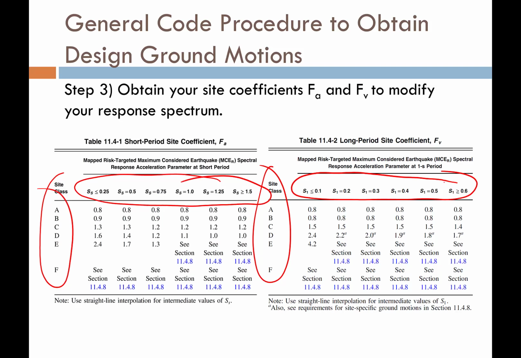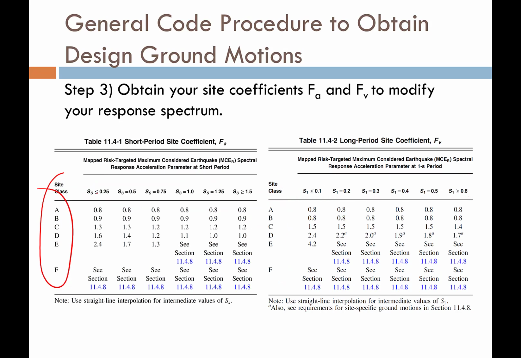Okay. Now, anything that has this superscript here, A, all of those basically mean you need to do a site-specific procedure. So all this idea or hopes that you're going to do a general code procedure, they're dashed. You can't do that anymore with the new code.